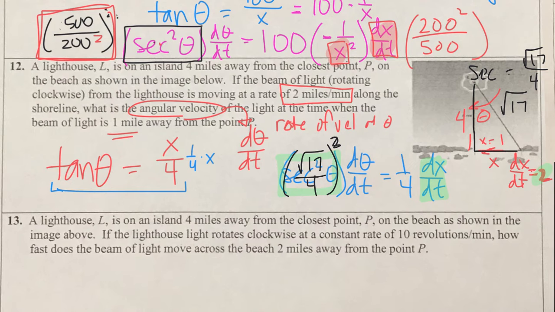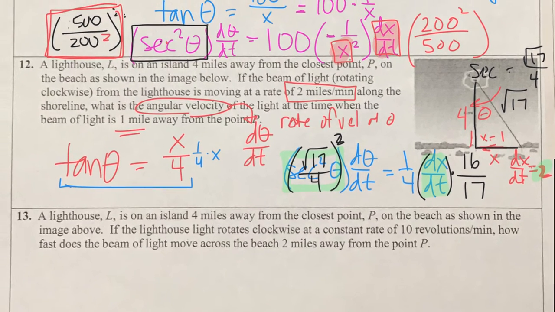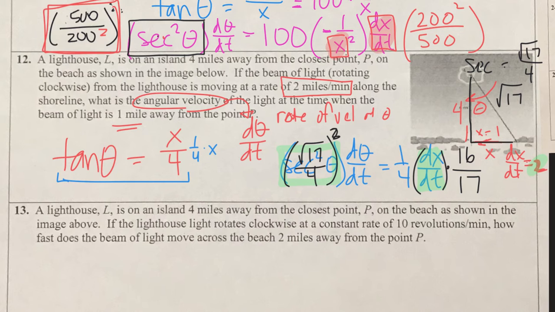And then you're going to multiply by its reciprocal, so that will come over here as a 16 over 17. Now it's just a matter of simplifying, and you've got your rate of the angular velocity. A lot of these trig ones, you need to make your trig ratio in order to substitute that secant or that tangent or that cosine value into your problem.